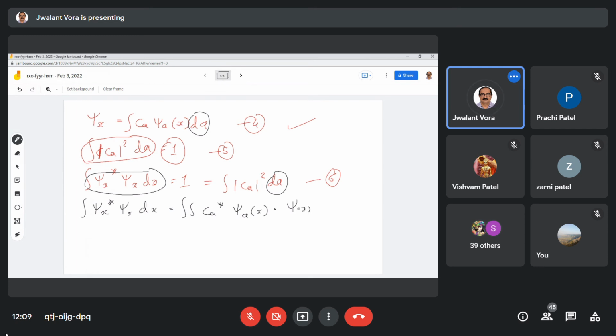psi x into psi x into psi ax star psi x and dA into dx.